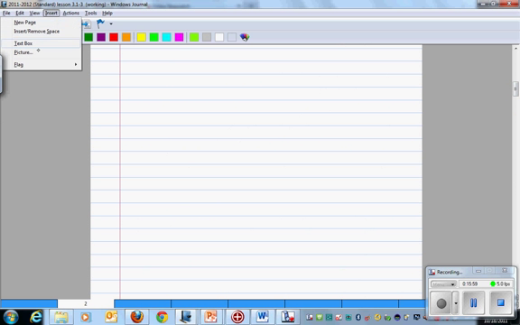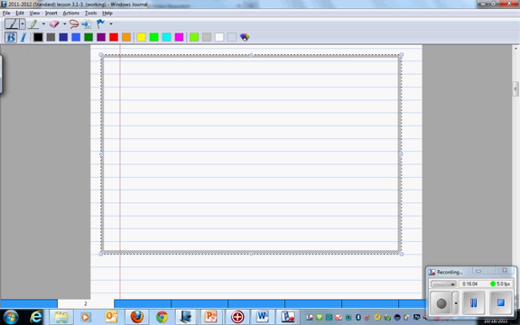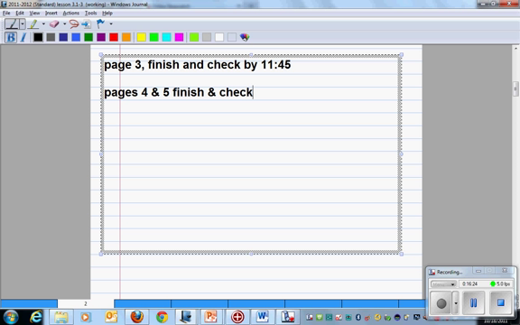Work on page 3, finish and check by 11:45. Then do pages 4 and 5, finish and check by 12 noon, no later than. If you're ahead of the game, just keep powering through. Then do page 6, finish and check by 12:05. That should only take you 5 minutes.